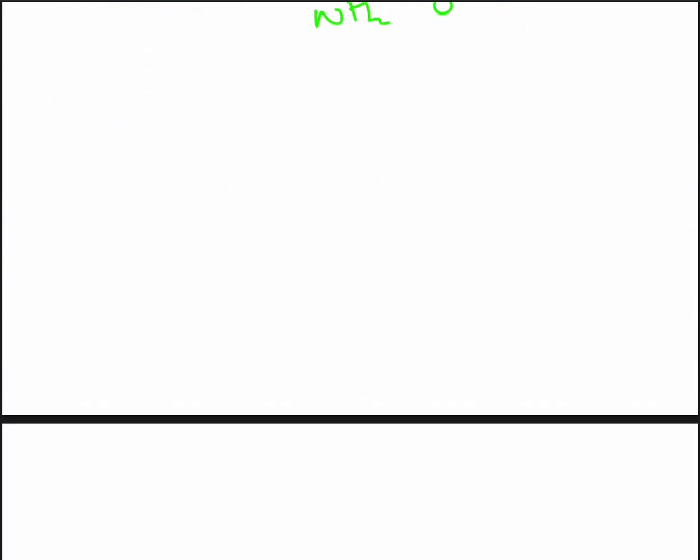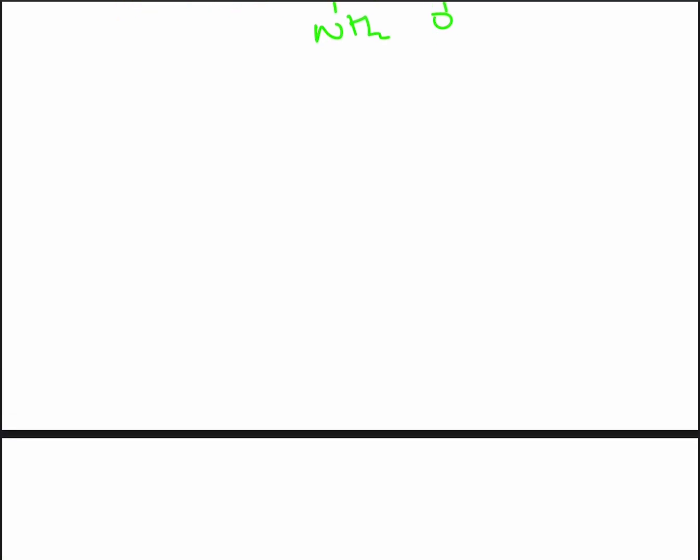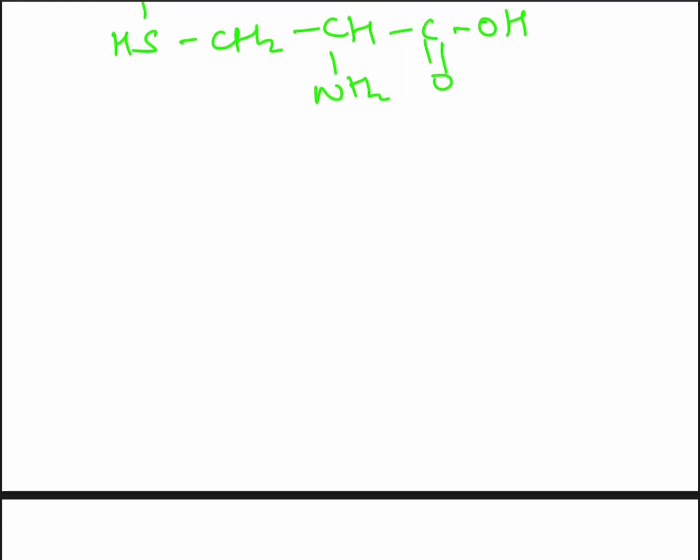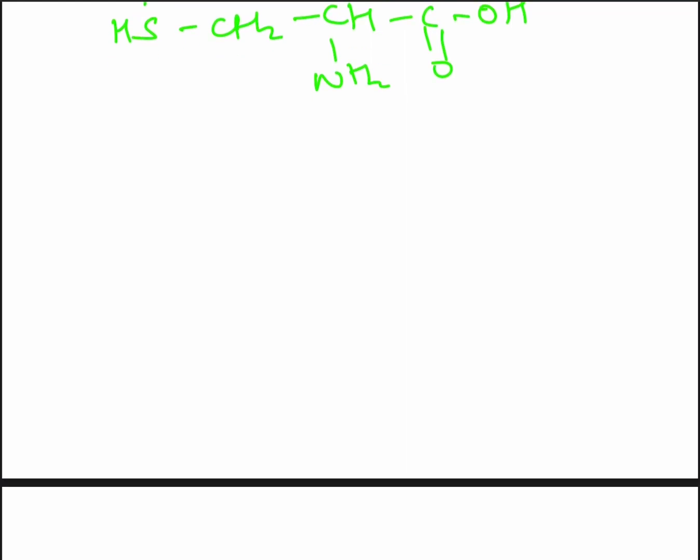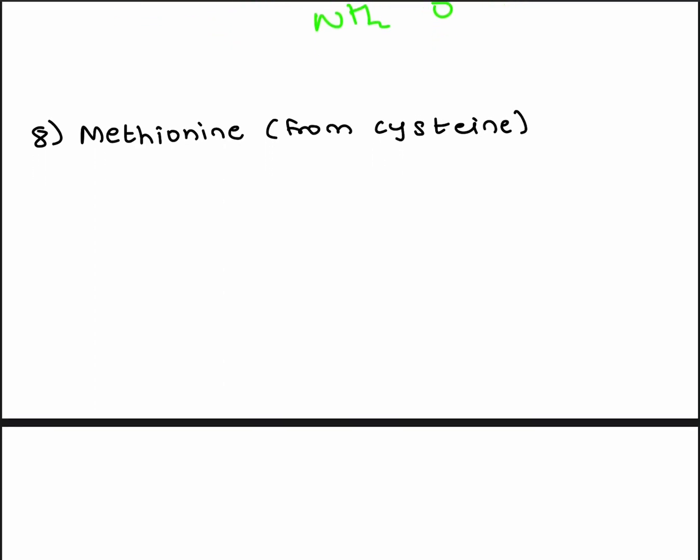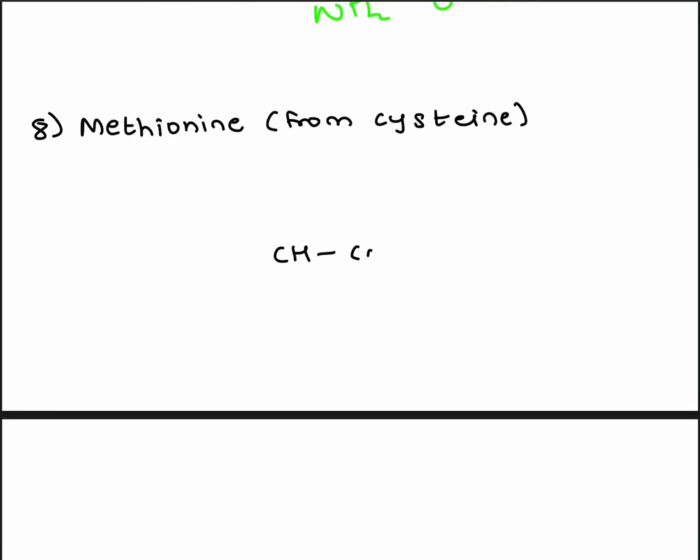For going further, we are moving to the next amino acid, which is methionine. Now methionine will be derived from cysteine. Now let's draw cysteine. You just need to remember cysteine, and from that you can remember all this further structure. CH2 and SH.